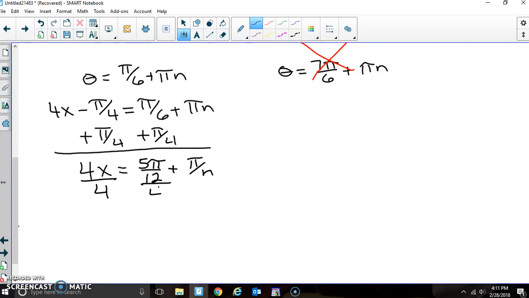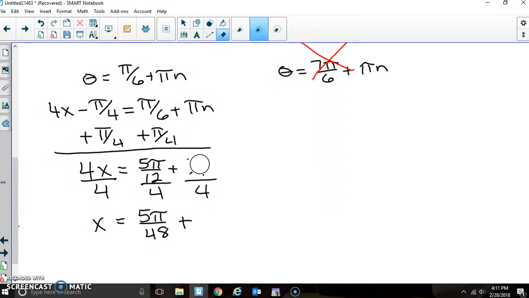Now divide everything by 4. Now when you divide 5 pi over 12, it's multiplying by 1/4. And you will end up with 5 pi over 48 plus, what did I do over here? That should be a pi times n, and then this will be pi over 4 times n.